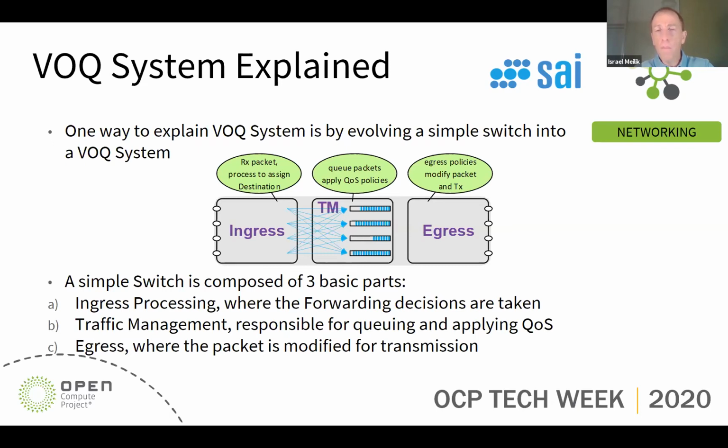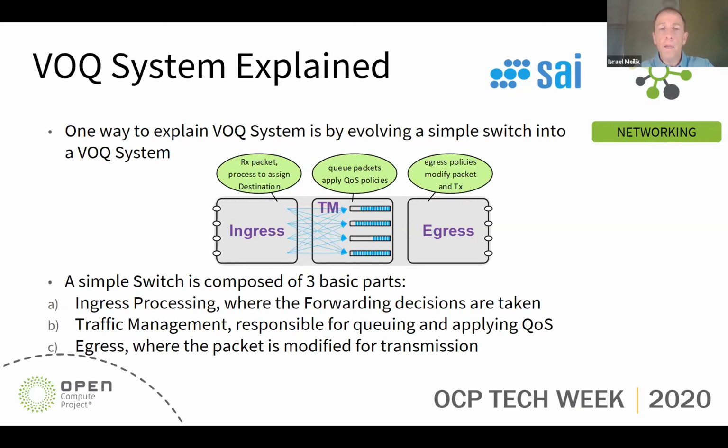Then we have a TM that stores the packet in queues and then applies QoS policies to decide which queues will go before other queues, etc. And maybe shape the traffic, limit it, etc.